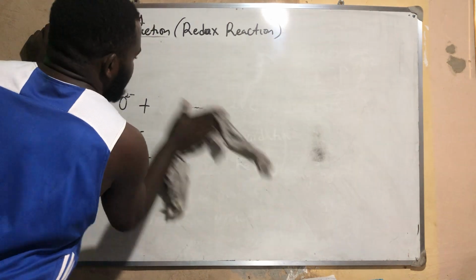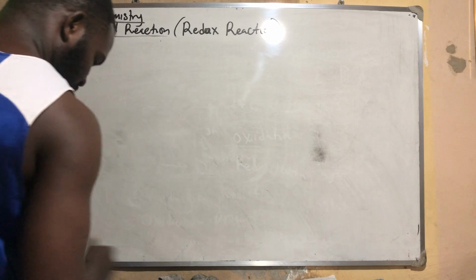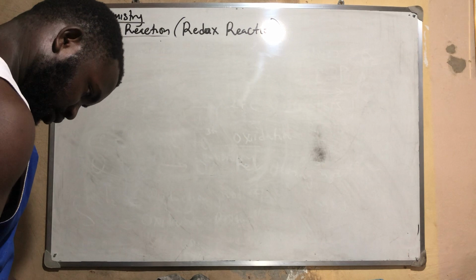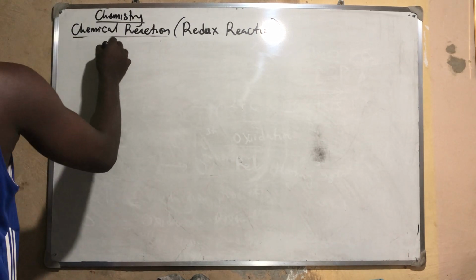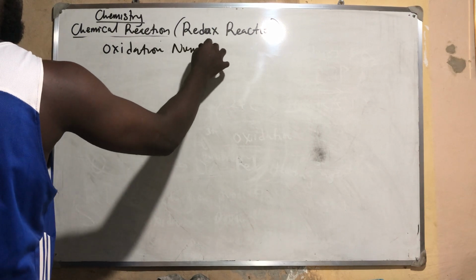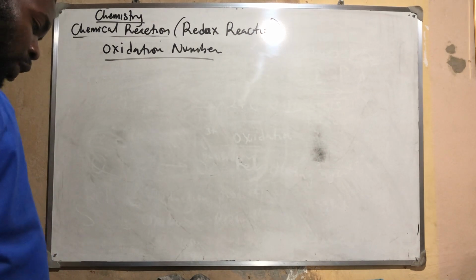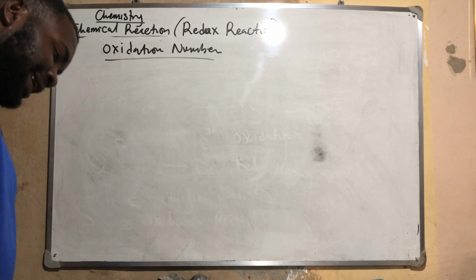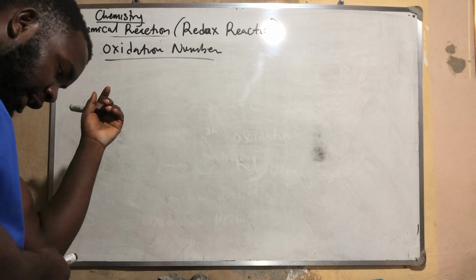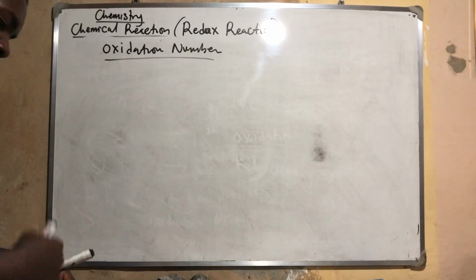So now let's talk about oxidation number and how to calculate oxidation number. Oxidation number is the electrical charge on an atom or group of atoms, that it appears to have, as described by some arbitrary rules.